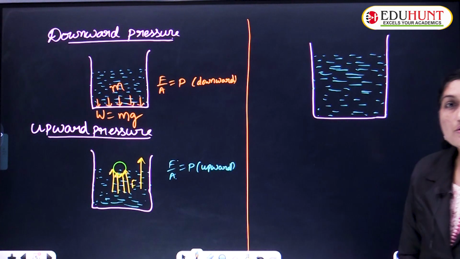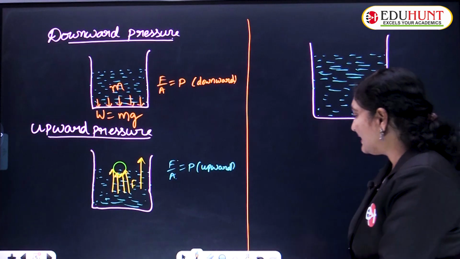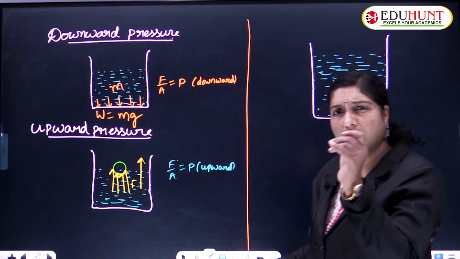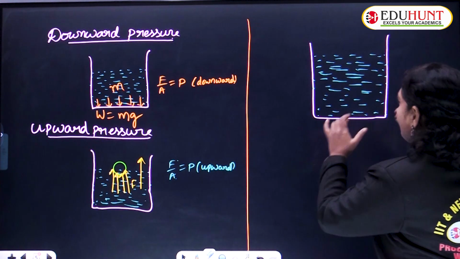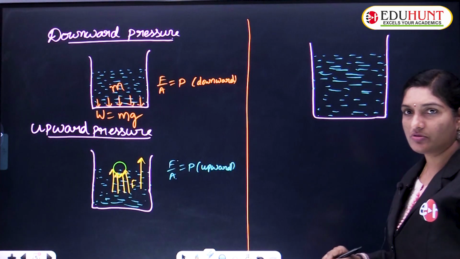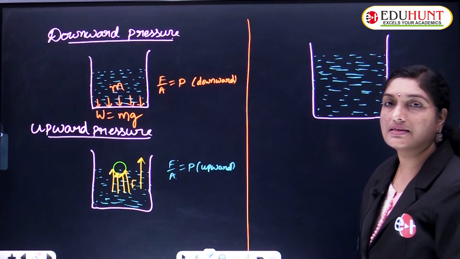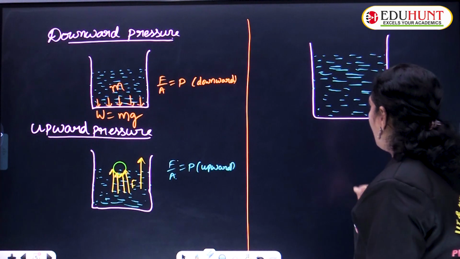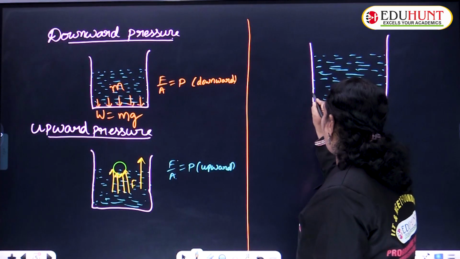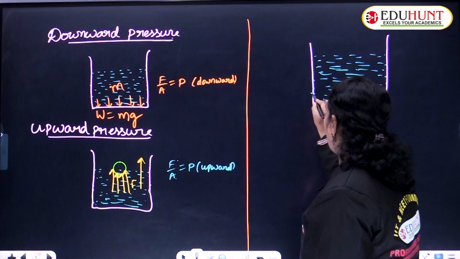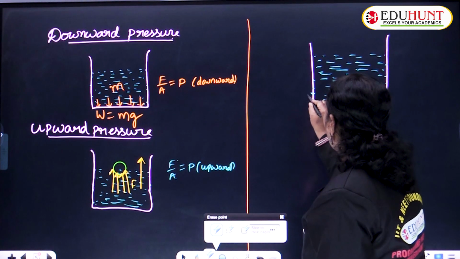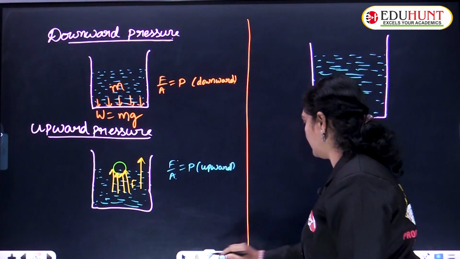So now to this container let us make a small hole. So this beaker contains the same amount of water that we considered in the earlier beakers. So now to this beaker what we have done is we made a small hole on the side.